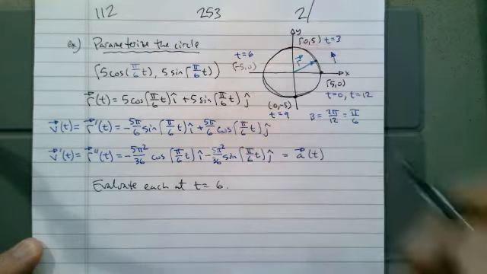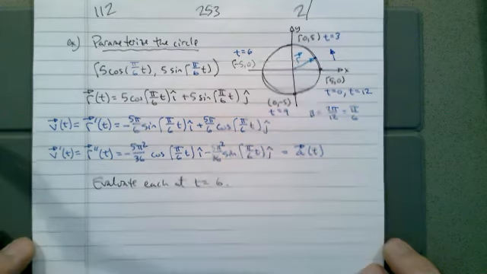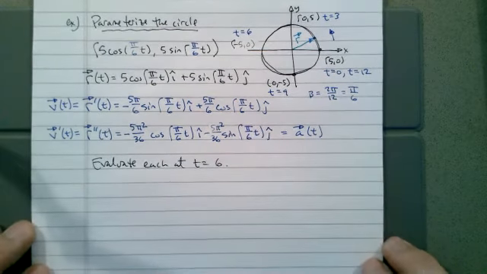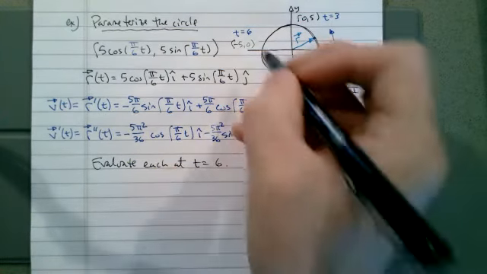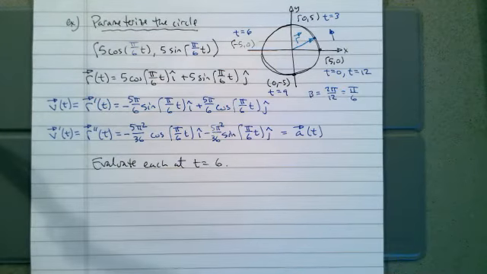I want to look at the point when t is equal to 6. Let's see what happens. So our position should end up being negative 5, 0. Let's make sure that this happens.